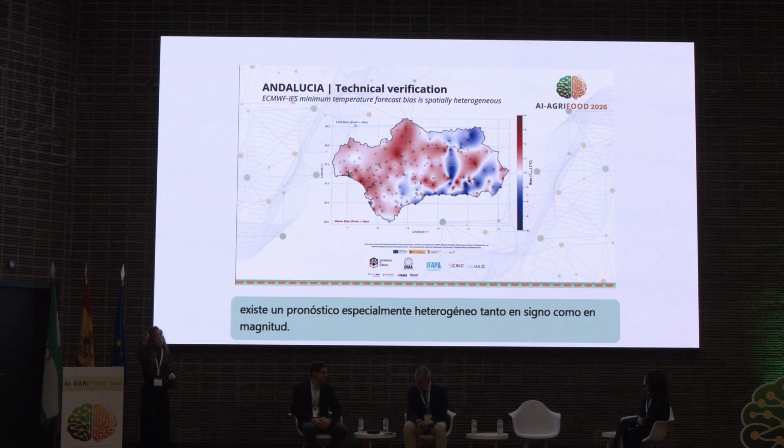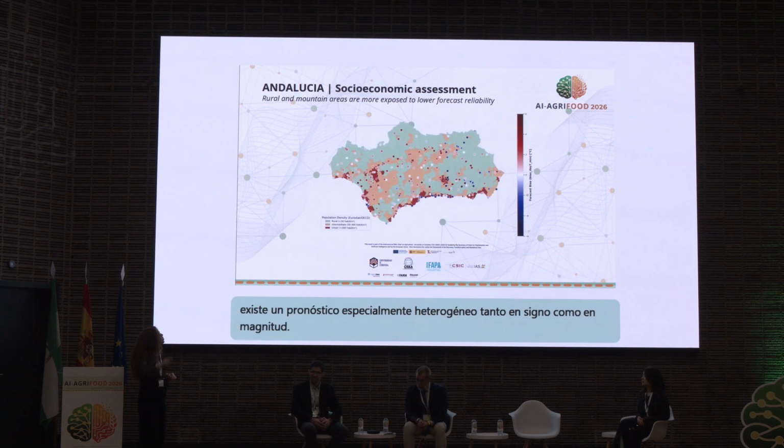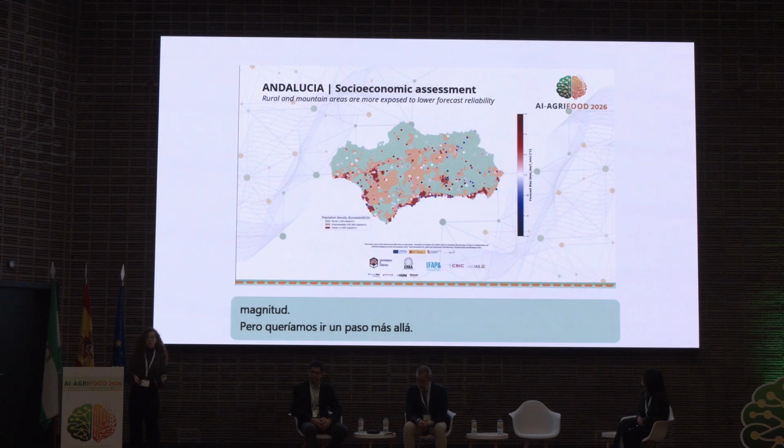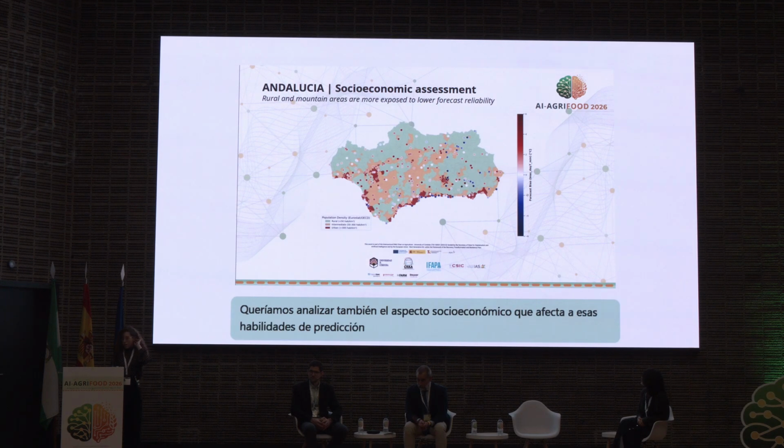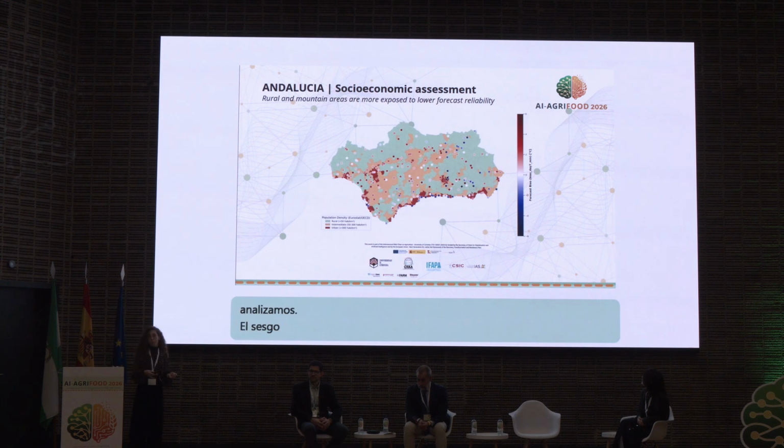But we wanted to go one step further. We wanted to analyze also the socioeconomic aspects that affect the forecast skill of the model. Here we can see that we analyze the bias of the model together with the density of population in each region of Andalusia.